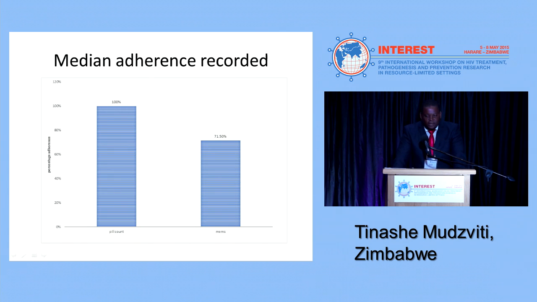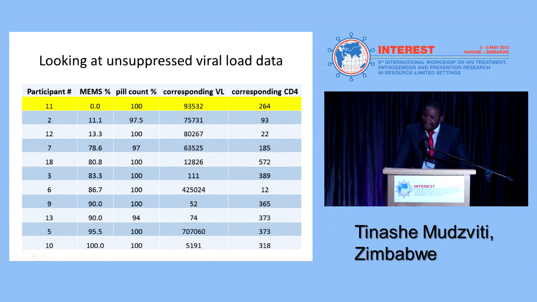So you look at the median adherence recorded: it was 71% when we used the MEMS cap, and median adherence was 100% in the population when we were using the pill count. We then extracted from those participants those who had unsuppressed viral load data.